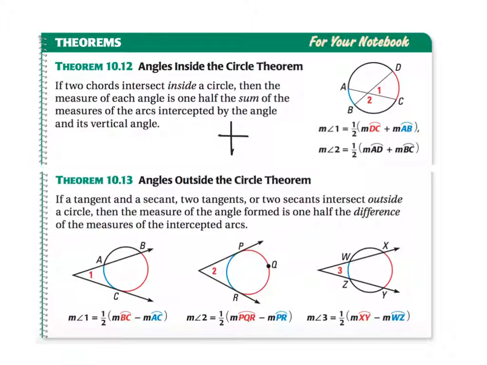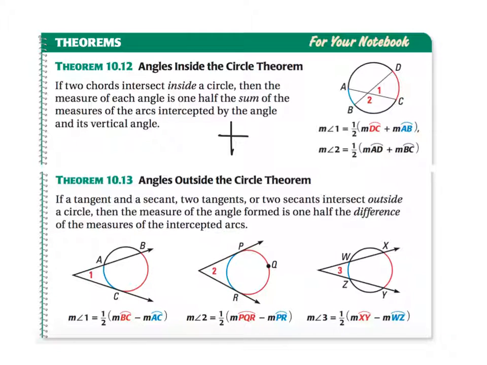So looking at this first one where we have a tangent and a secant intersecting outside of the circle, this angle, angle 1, is half of BC minus AC. Angle 2 right here, where we have 2 tangent lines intersecting outside of the circle, is equal to half of the arc PQR minus arc PR.